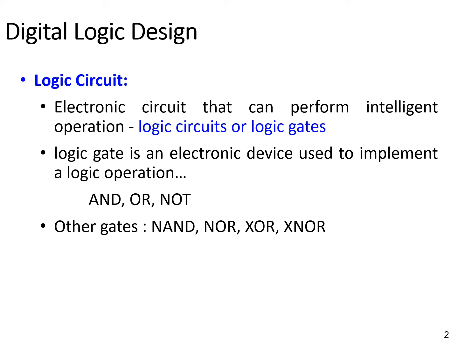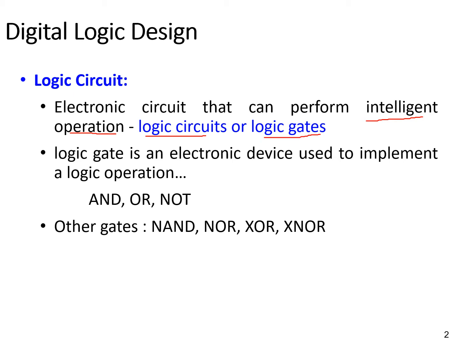First of all, you must know what is meant by a logic circuit. Every electronic circuit is not a logic circuit. A circuit which can perform intelligent operations is called a logic circuit. So a logic circuit may also be named a logic gate.